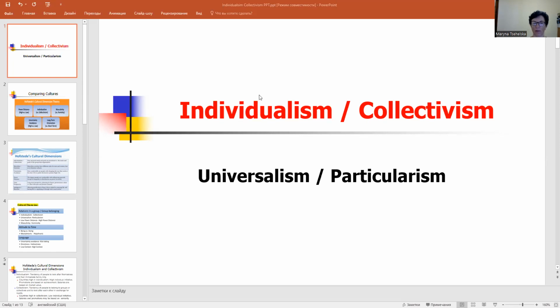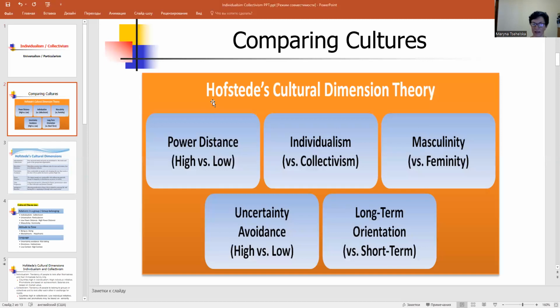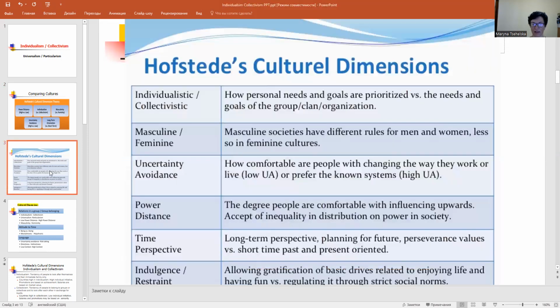So we will talk about these two dimensions which were developed by Geert Hofstede and which belong to Hofstede's cultural dimensions theory. This theory shows the differences between cultures. Geert Hofstede called these differences cultural dimensions.